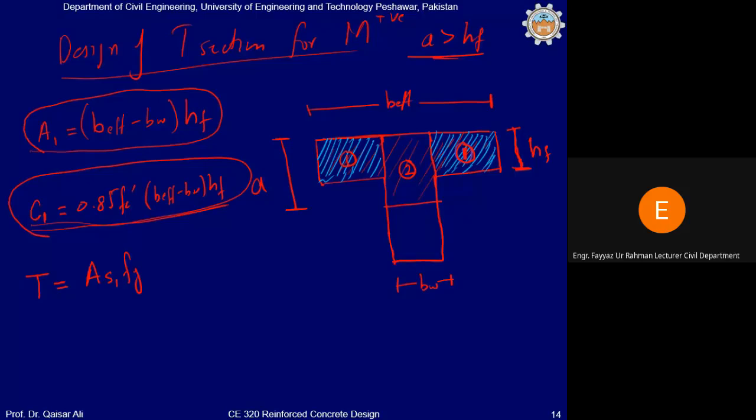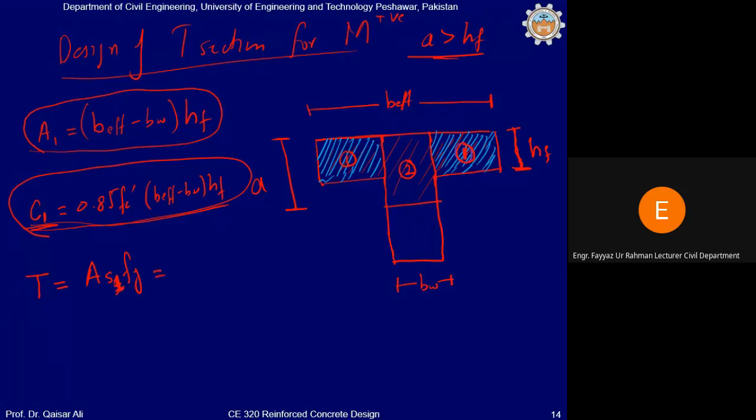Now, if you compare these two equations, C1 will be equal to T, so As1, or you can say Asf, because this is the steel area which will basically resist the compression force developed in the flange. तो As1 से भी कर सकते हैं, Asf से भी कर सकते हैं.